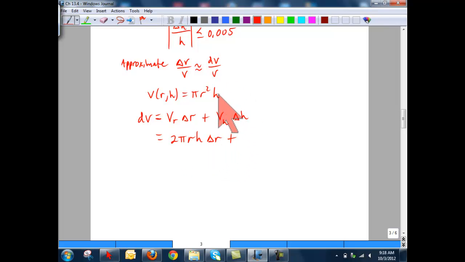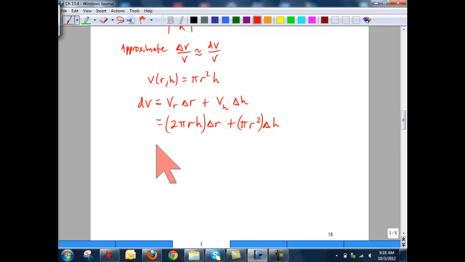And differentiating with respect to h, this is pi r squared, then times the delta h. So those first partials were easy to compute. And now back to dV over V in magnitude. This is what I'm interested in.